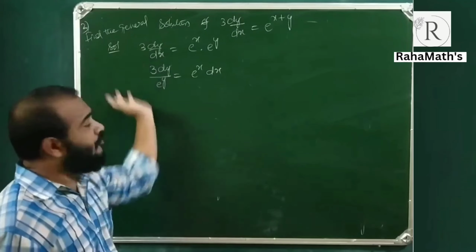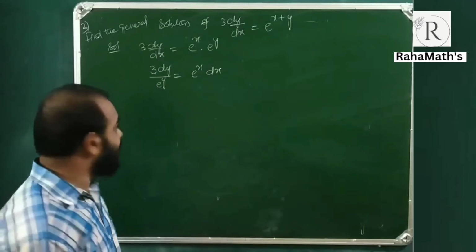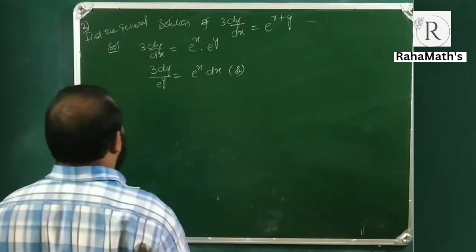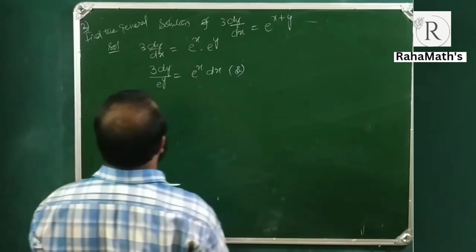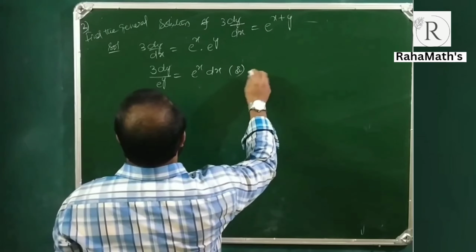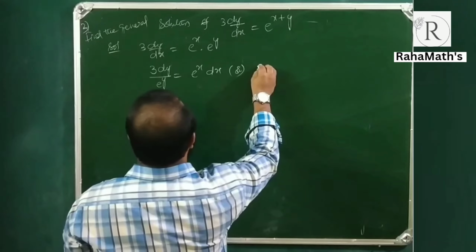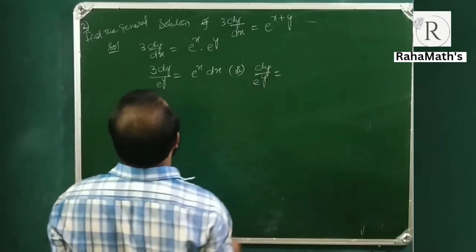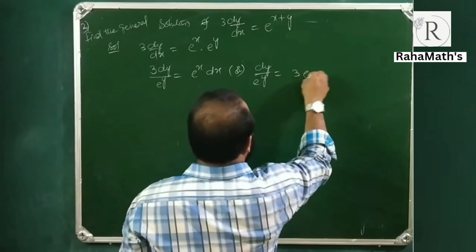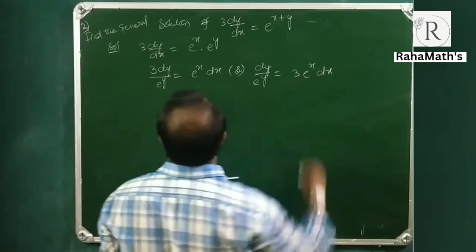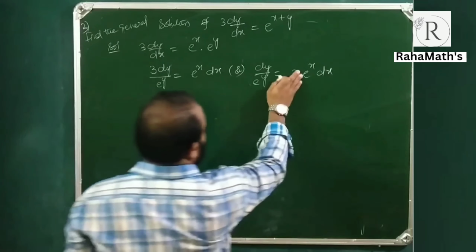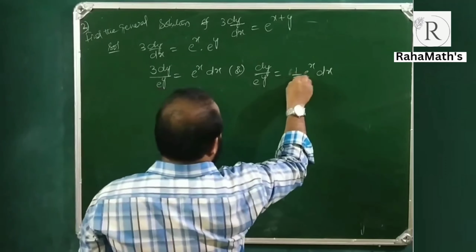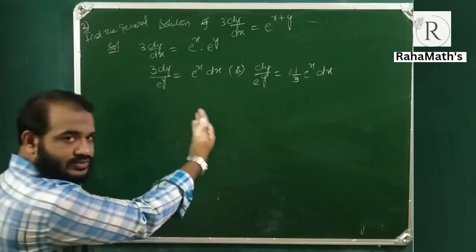So 1 by dx, if you transpose onto the other side, is into dx. Or it can be written like this also: dy by e power y is equal to 3 into e power x dx. So 1 by 3, if you transpose the 3 onto the other side, you can even write it like that also.